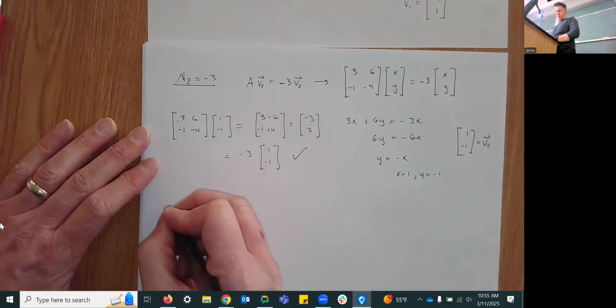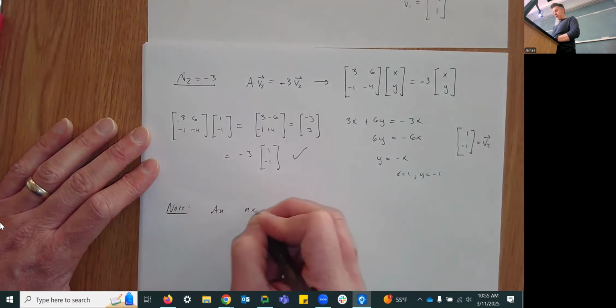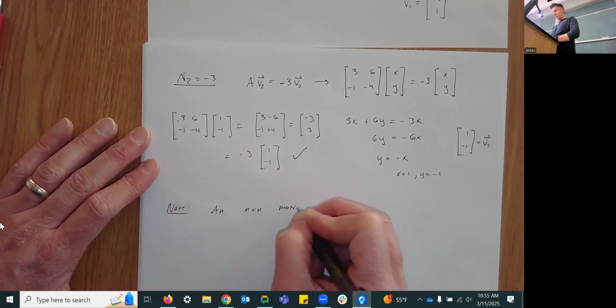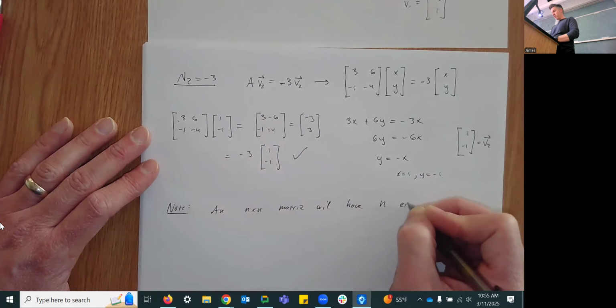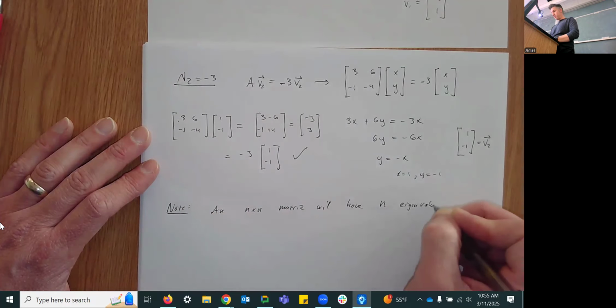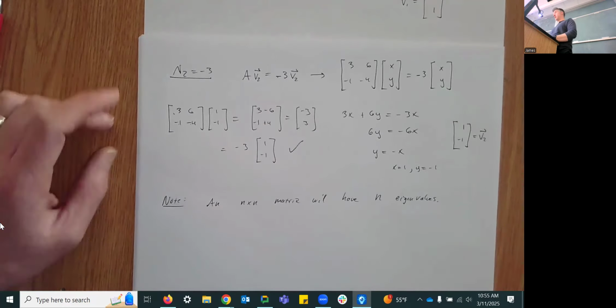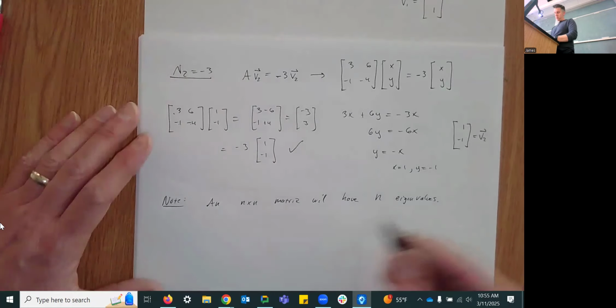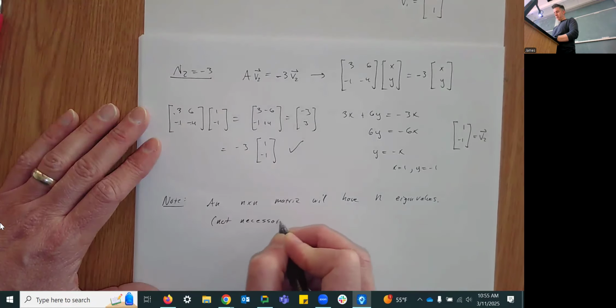A few notes here. An n by n matrix will have n eigenvalues. Some of them could be repeated, though. They don't have to be distinct.